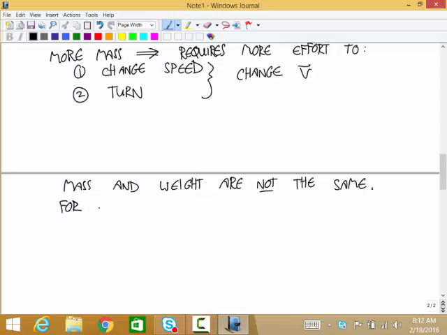For a given gravitational field, like if you stay on the same planet, the mass is proportional to the weight, or I guess I'll say it this way: the weight is proportional to the mass.